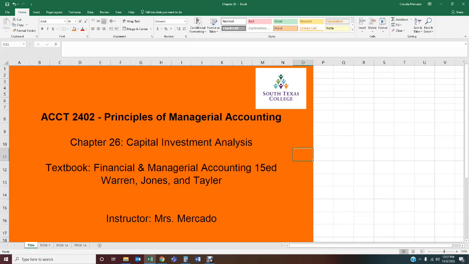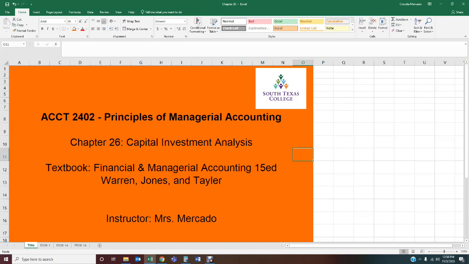Okay. Now this particular chapter deals with capital investment analysis, which is basically the process by which management plans, evaluates, and controls investments which involve fixed assets. Capital investment analysis is very important to a business because such investments affect the profitability for a long period of time. So whenever they're deciding on a project or how to invest their money, this is a long-term investment.